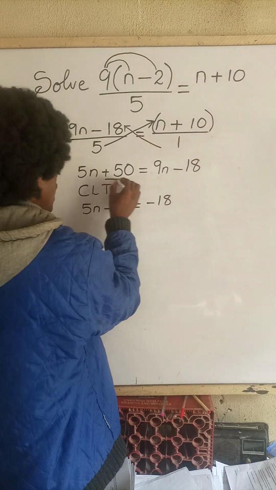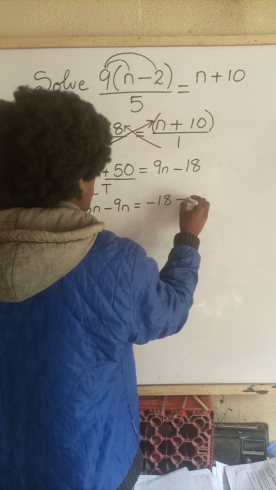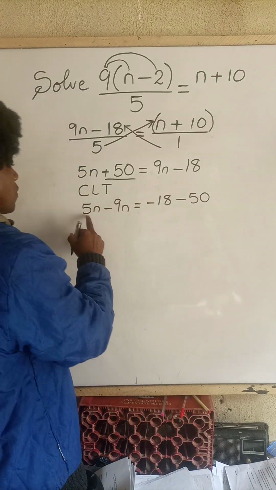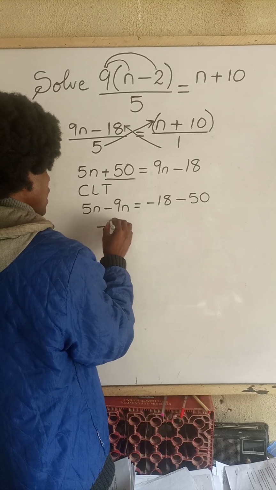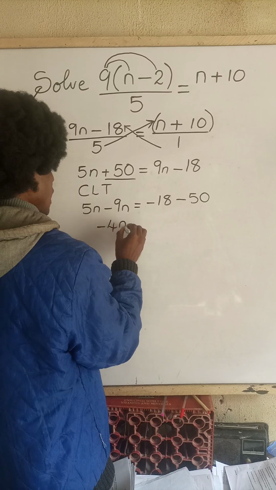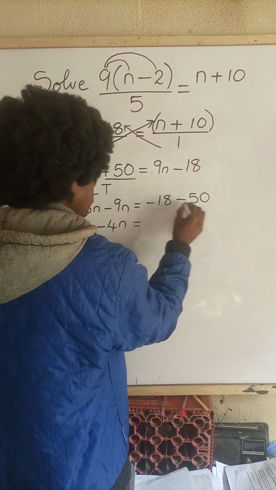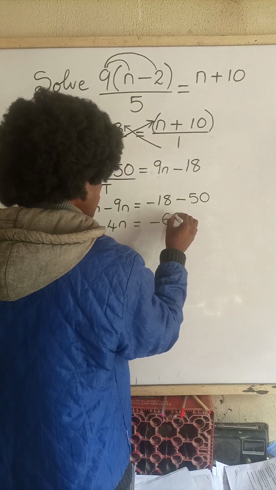When the 50 that we have here crosses, the plus sign will change to minus. We will now have minus 50, which is 5n minus 9n will give us what? Minus 4n. And minus 4n is equal to minus 18 minus 50 will give us minus 68.